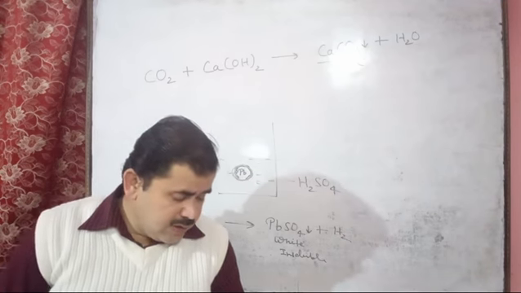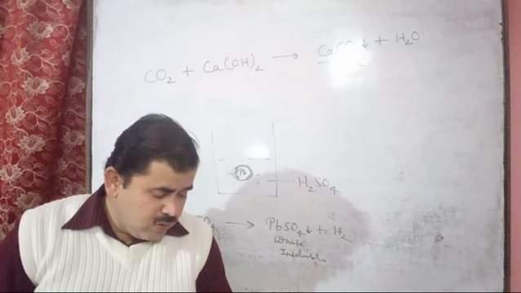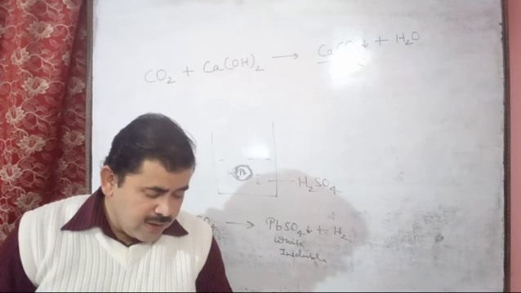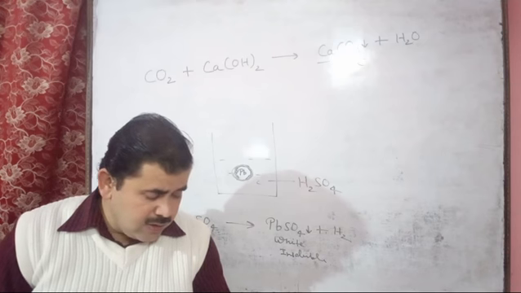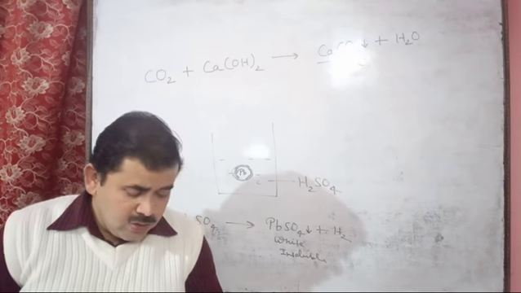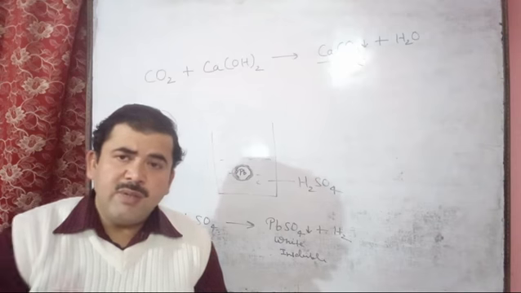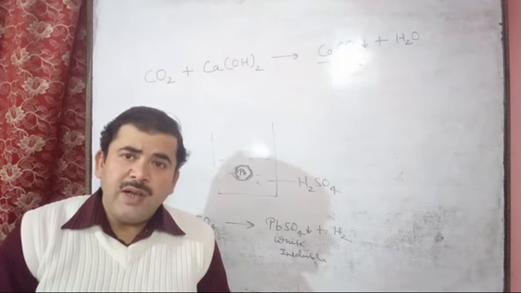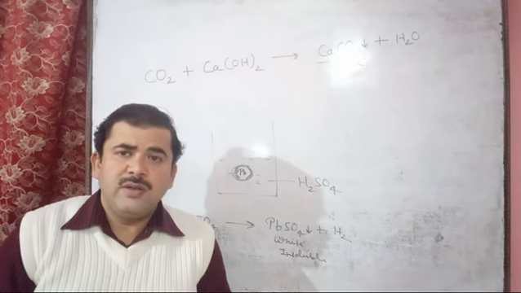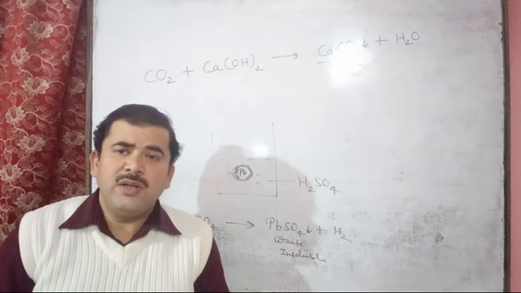And after this: why is copper not used to prepare hydrogen by the action of dilute hydrochloric acid or dilute sulfuric acid on the metal? We know that in the activity series, copper is placed below hydrogen.